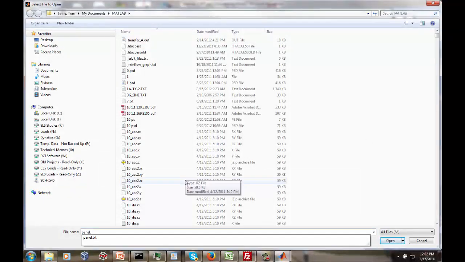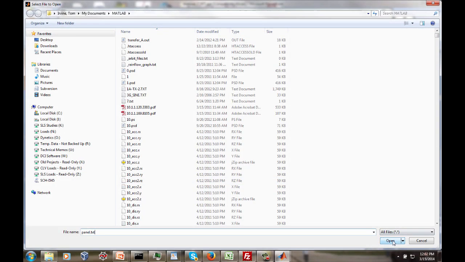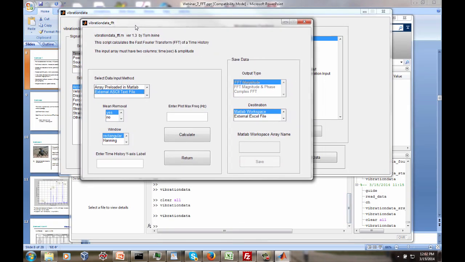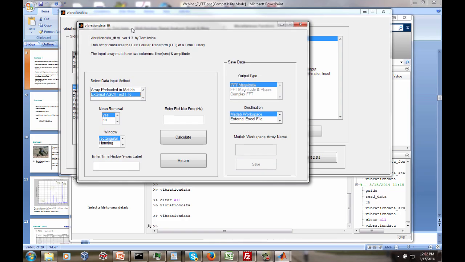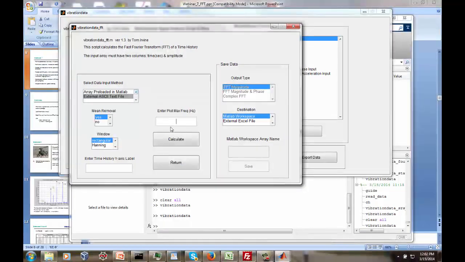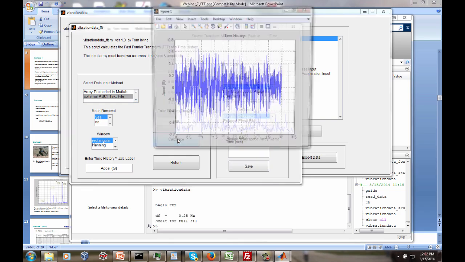Now this file only has 8,192 points in it, so doing a Fourier transform is not so bad. But if I had 1,000,000 points or whatever, it would take an extreme amount of time. So let's do 100 Hertz as the maximum plot frequency. Again, acceleration G. I'm going to push this calculate button, and it's going to be almost instantaneous.